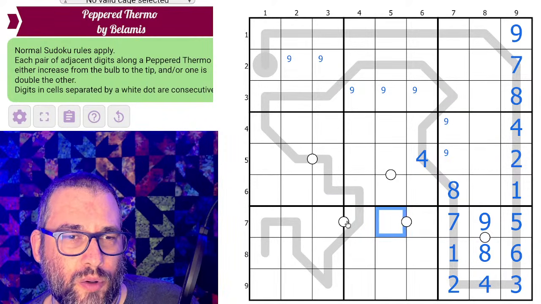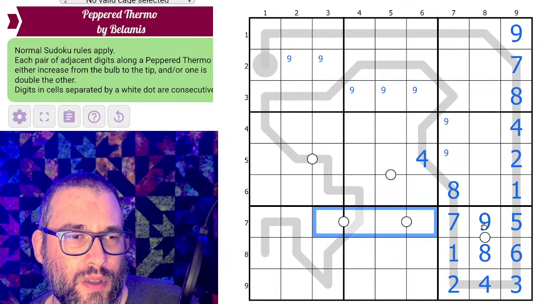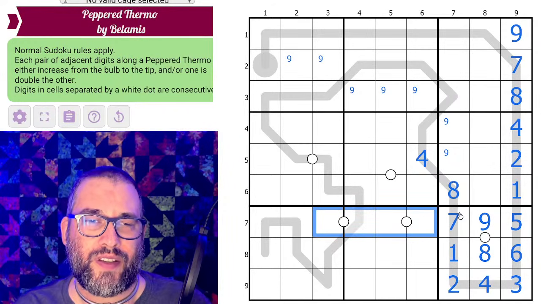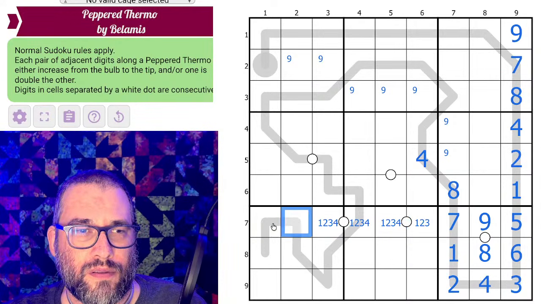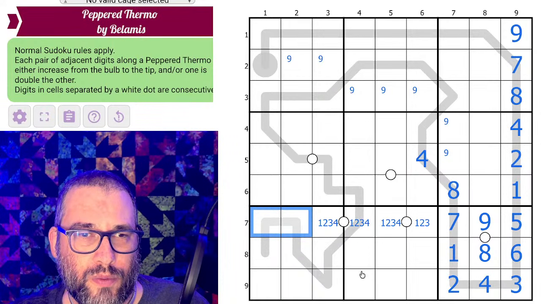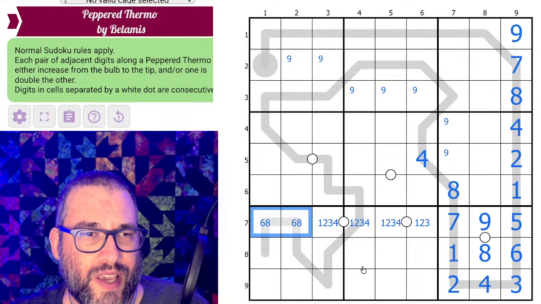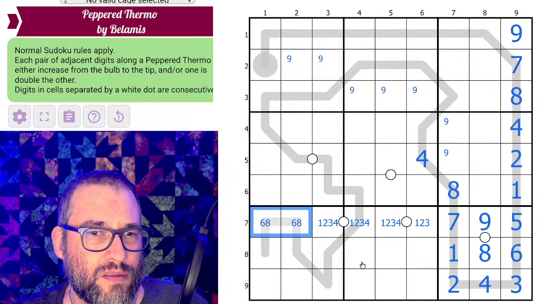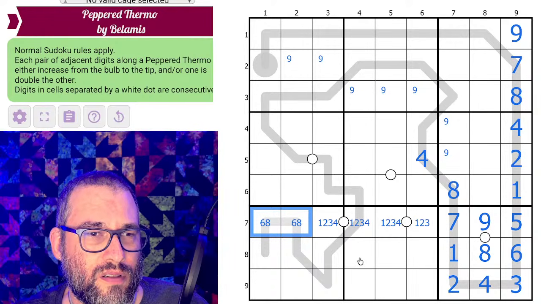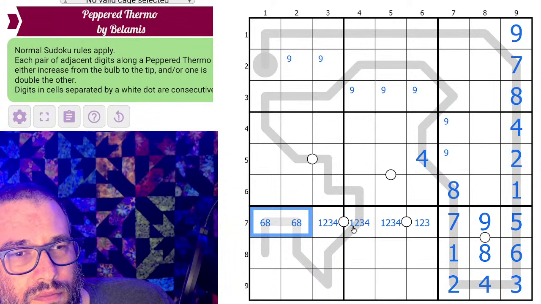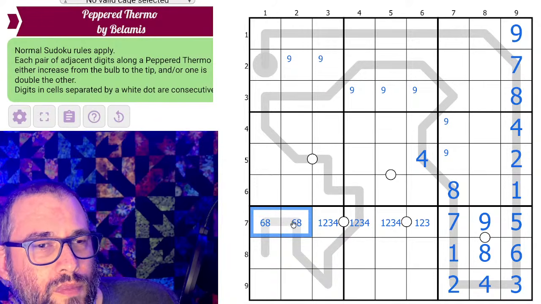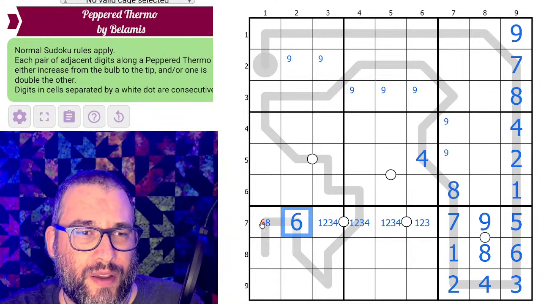Yeah. One of these has a 1 on it, one of them has a 3 on it. So I guess these just are 1, 2, 3, 4. So these are a 6-8 pair. And we know what direction they go.